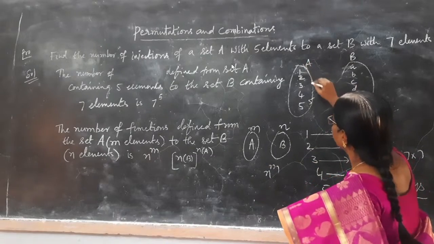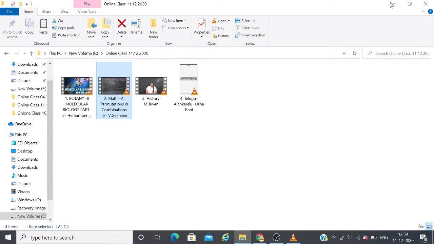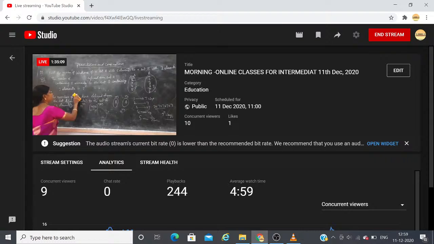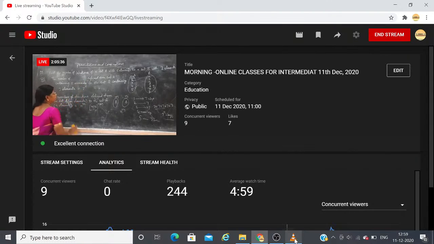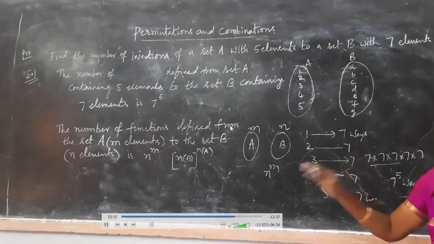Remember the definition of injection. Injection means one-one function. One-one function means distinct elements should have distinct images. That is, two elements should not have the same image. Understood? All elements should have distinct images. No two elements have the same image.